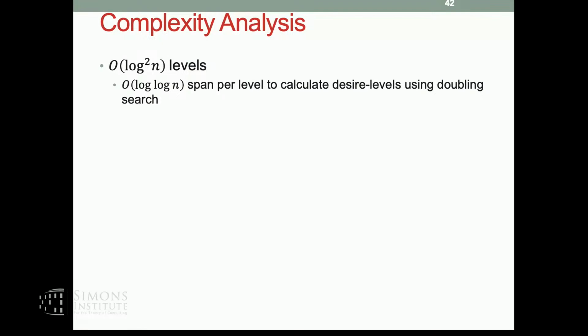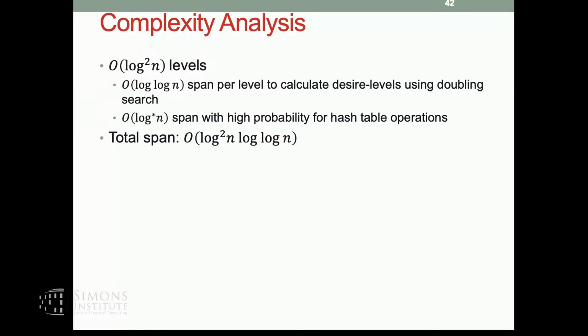So it's order log of the number of levels, which is order log n span for each level. And then for the hash table operations, we just plug in a black box result, so you can do everything in order log star n span with high probability. So this gives us a total span of order log squared n log n with high probability.